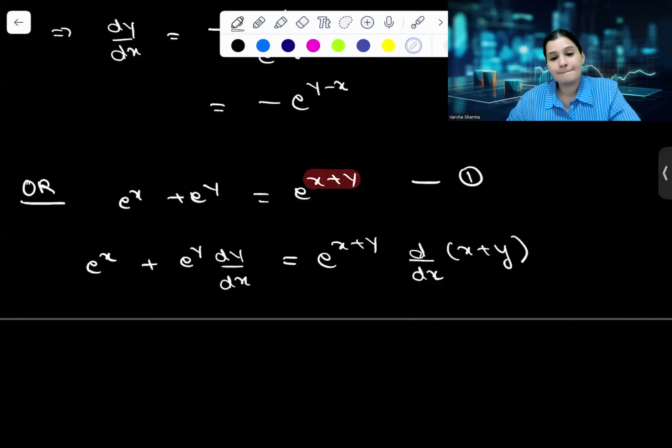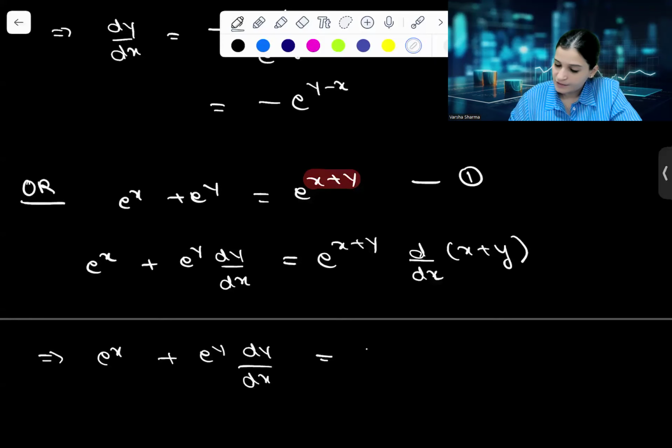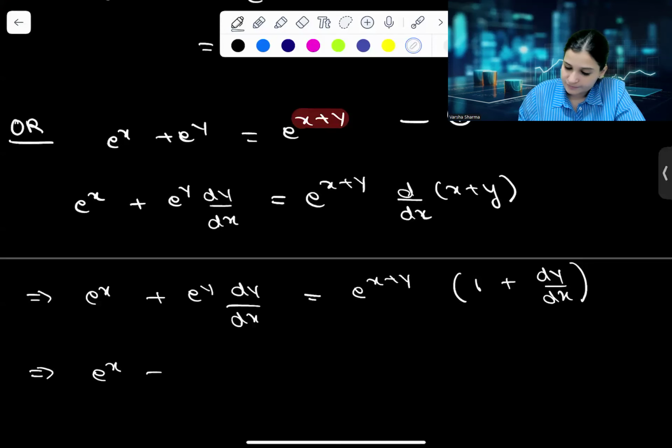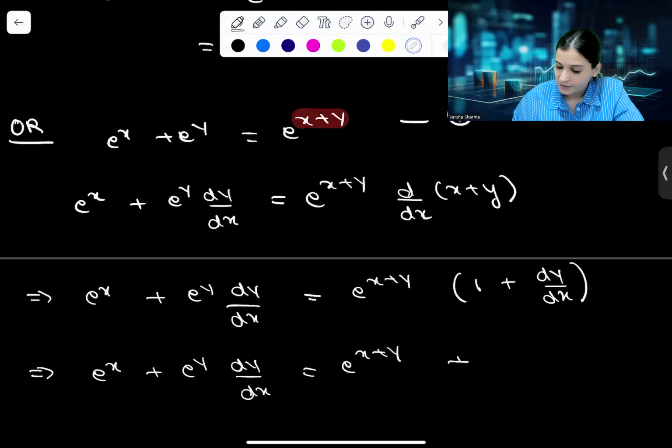So e^x plus e^y dy by dx equals e power x plus y, differentiation of x is 1, differentiation of y is dy by dx. Opening the bracket: e power x plus y plus e power x plus y dy by dx.